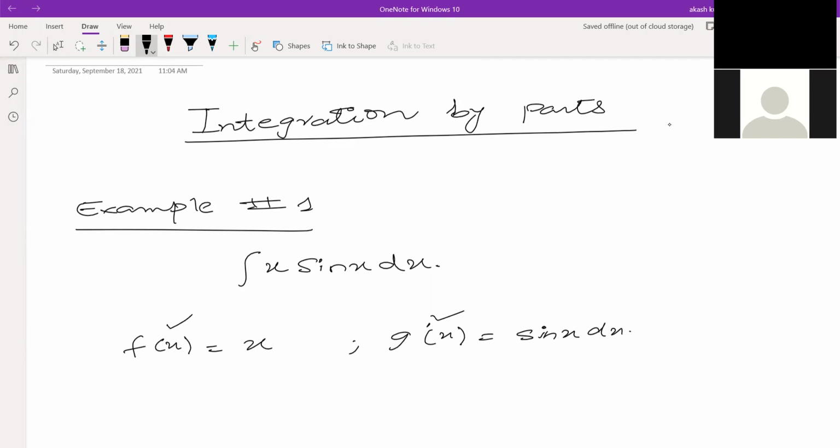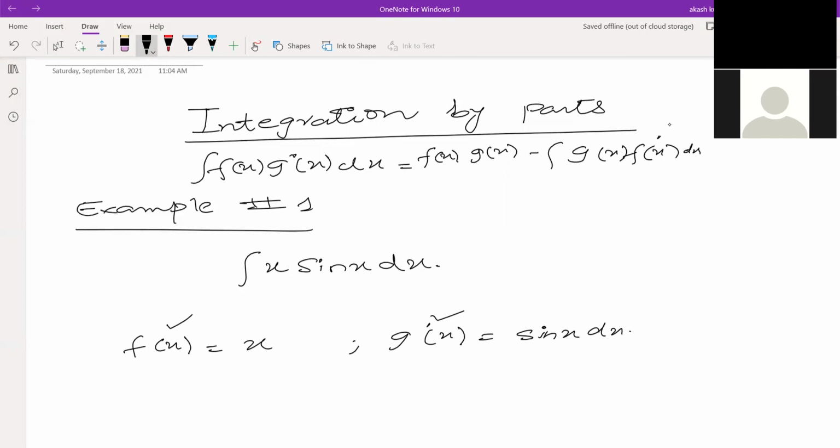If we have identified it, the formula for integration by parts is integral of f of x g dash of x dx is equal to f of x g of x minus integral of g of x f dash of x dx. That's the formula.